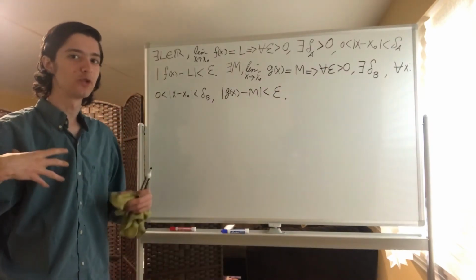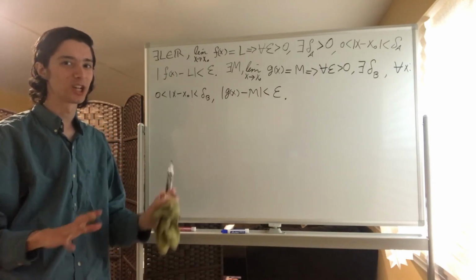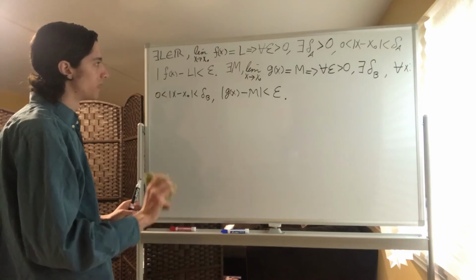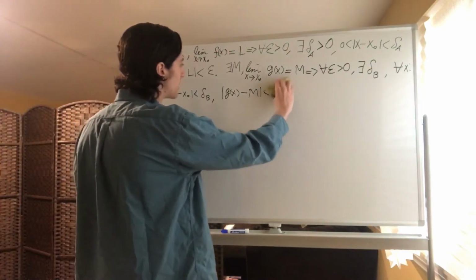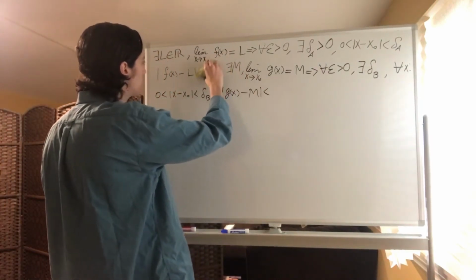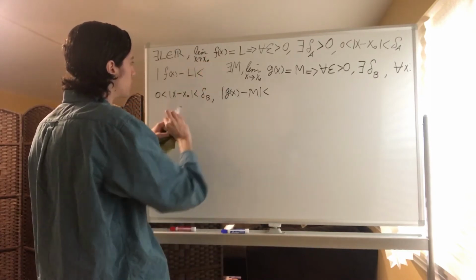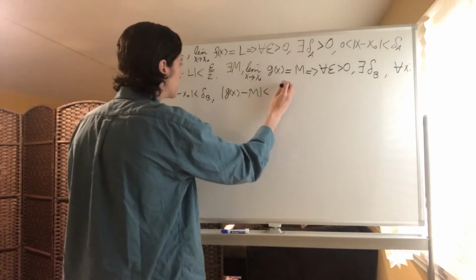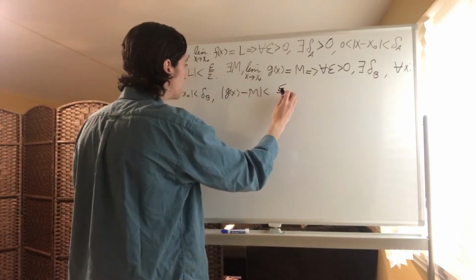Now, similar to my constant law video, we're actually going to make a little bit of a change to these definitions. And what we're going to do is change these epsilons to be epsilon over 2. So this is epsilon divided by 2.